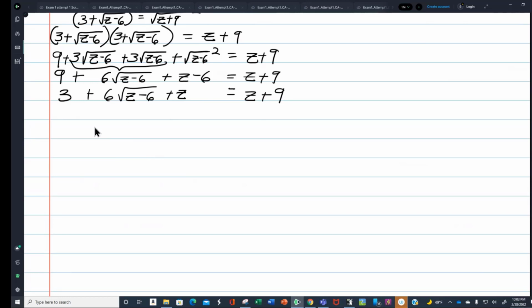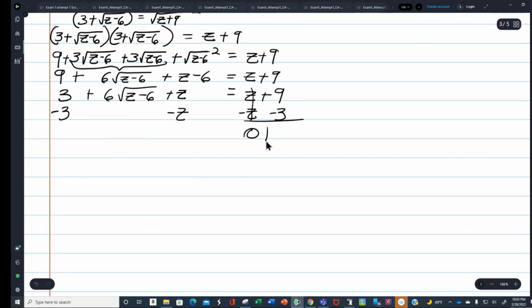So I come over here, I take away the 3 from both sides, because I have to isolate that radical now. I'm going to subtract z from both sides. Ooh, look what I get, z minus z is 0.